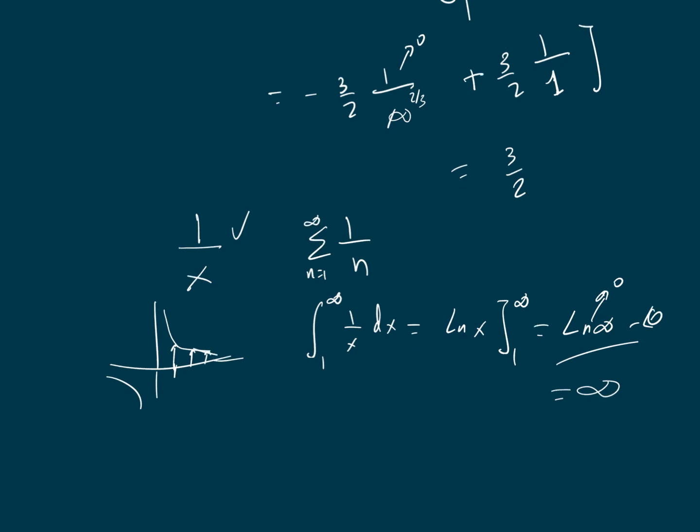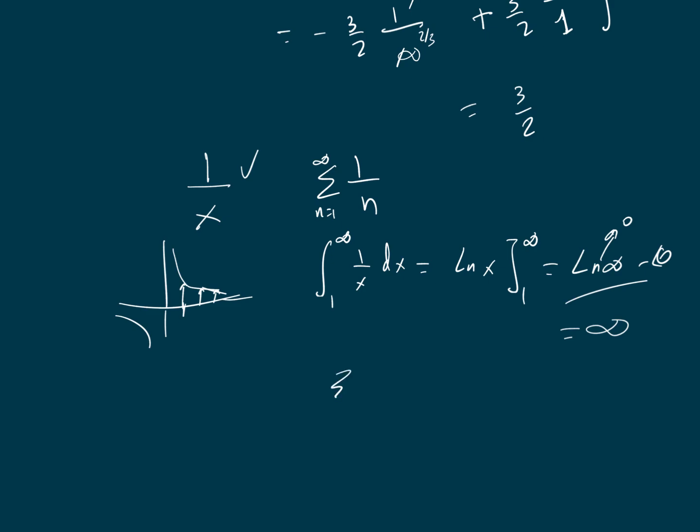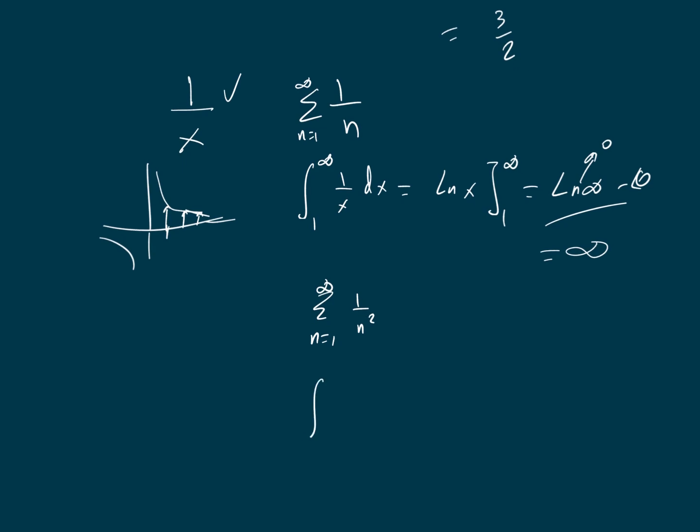When you have the series summation from n equal 1 to infinity of 1 divided by n squared, this converges. Why does it converge? Because if you do the integral of 1 divided by x squared dx from 1 to infinity, this will be the integral of x^(-2) dx.